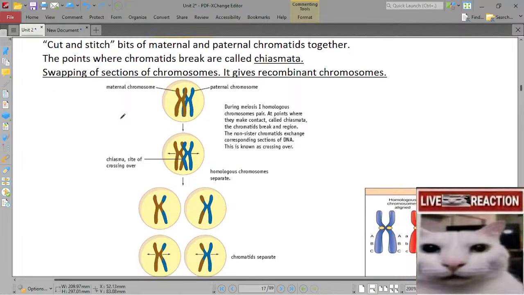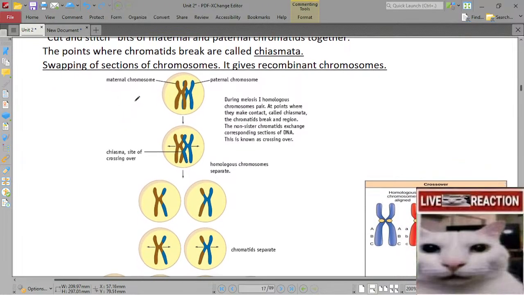So just to show you here, if we have the maternal and paternal chromosome, and these are homologous pairs, right? You would imagine in metaphase, they're lining up like this. So this is from the dad, this is from the mom.